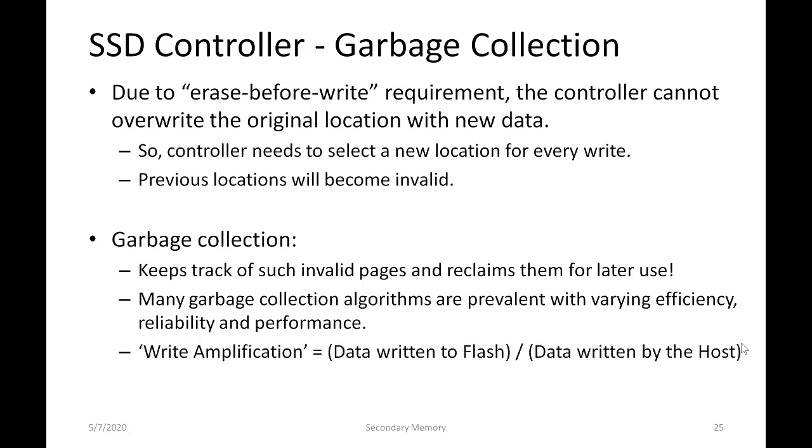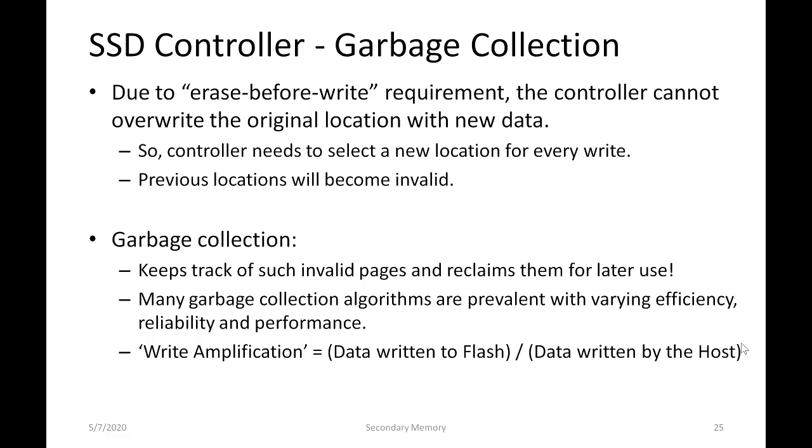So a closely related metric with the garbage collection activity is write amplification. It is defined as the total number of writes to the flash cells upon the total number of writes sent by the host. Ideally, we would expect that every time the host writes data, we'll write it only once to the flash.